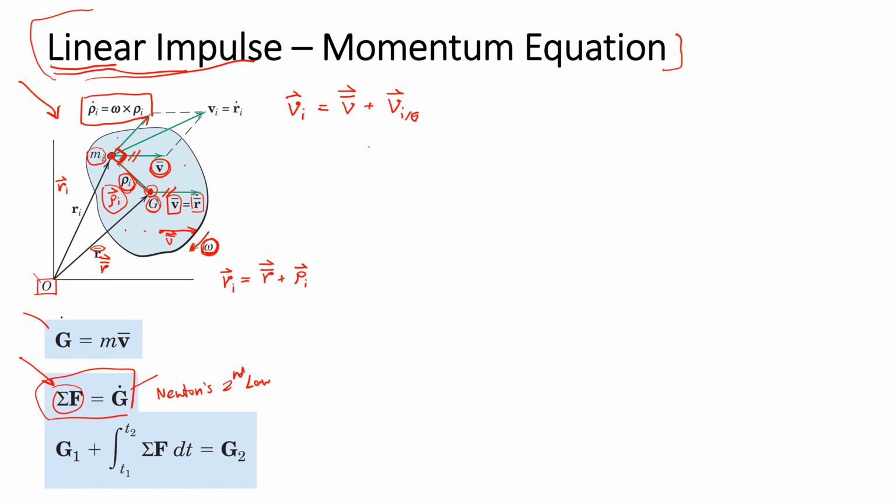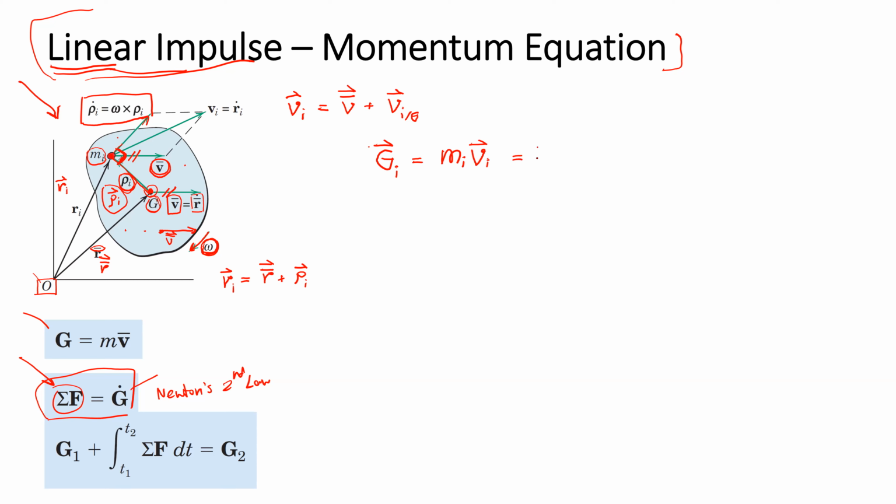The linear momentum of the mass mi, as a particle, the linear momentum of the small mass mi is equal to the mass of particle i multiplied by the velocity vector of that particle i.